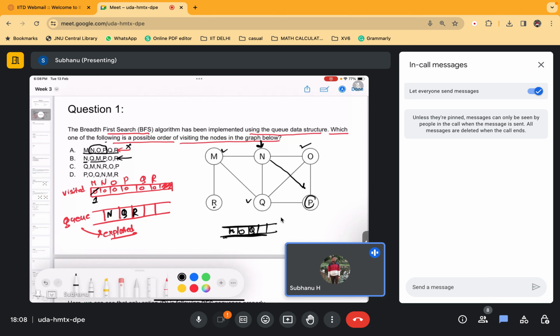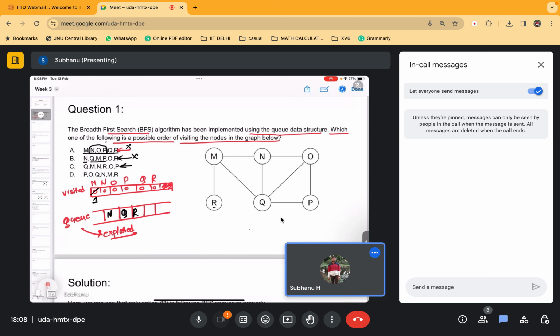Here we are substituting our options. So we'll go with the third option, which says to start from node Q. Let's see what happens.